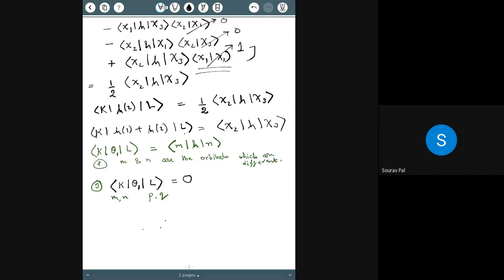But for the n electron case, you can always say that the matrix element of the 1 electron part of the Hamiltonian is equal to 0 if K and L differ by more than one orbital.